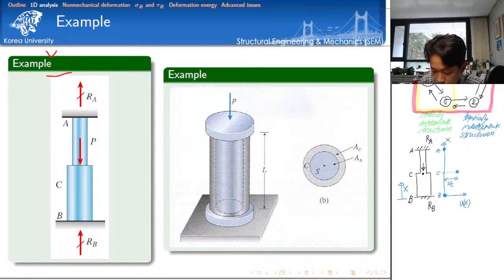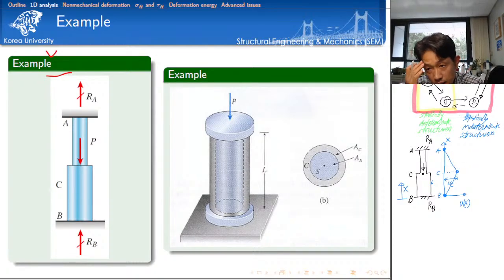This is point A. Then I can introduce the displacement field, because we want to consider a prismatic bar, which means there is no change in the cross-sectional area between two nodes. That's why we can draw a straight line between these points.